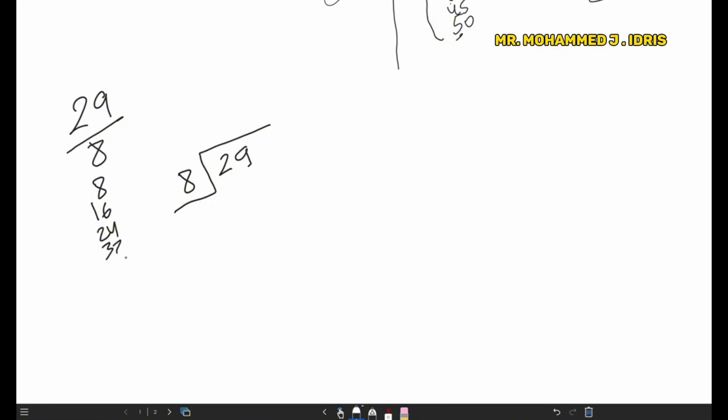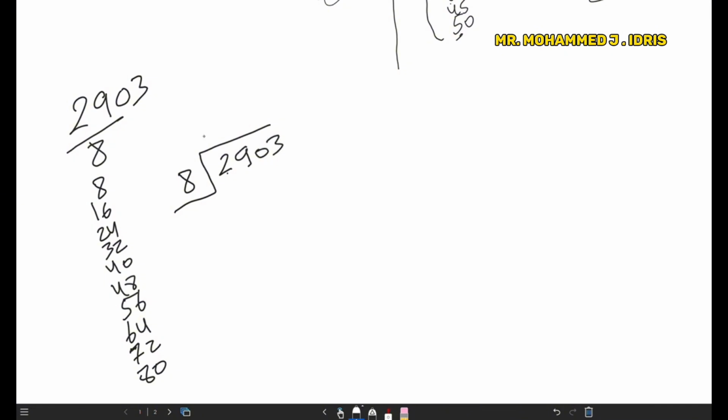And let me write the multiples of 8 here: 24, 32, 40, 48, 56, 64, 72, 80. Again, 2 divided by 8. How about we make this number slightly larger? Let's make it 2,903.